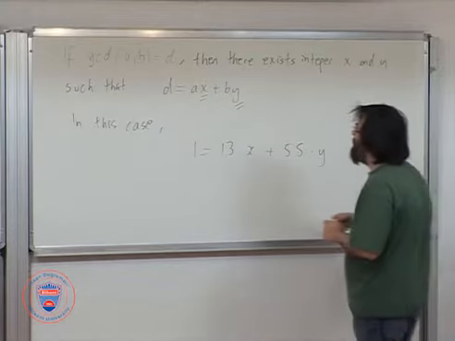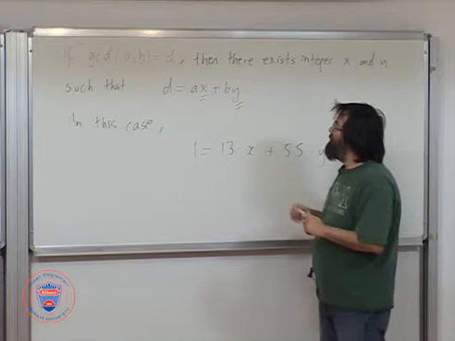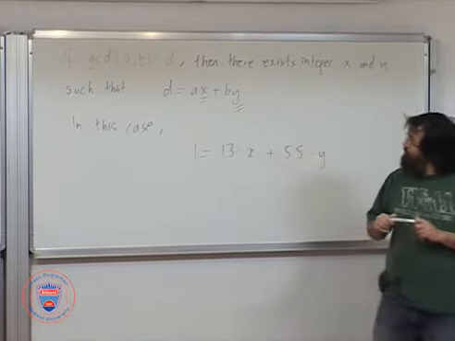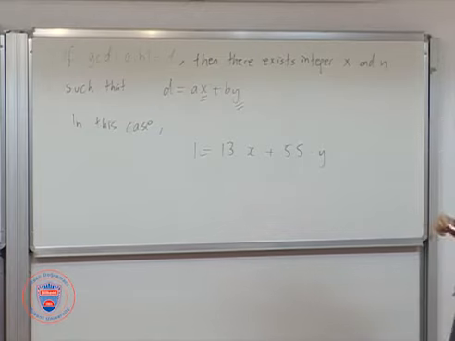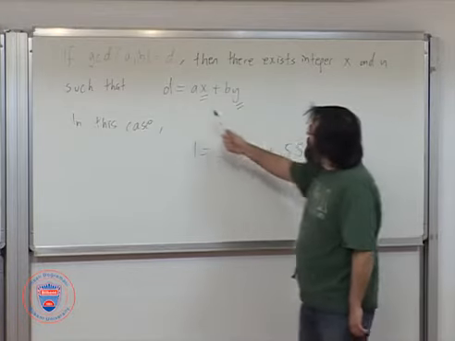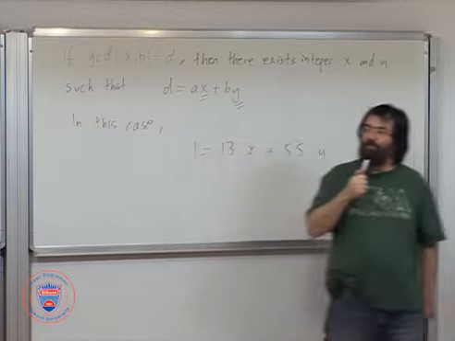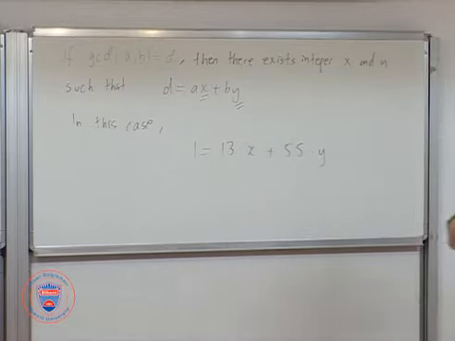Okay. Then if a is divided by c and b is divided by c, d is also divided by c. Yes. But how do you know you can write d as ax plus by? I mean, that is the thing. I'm not sure.